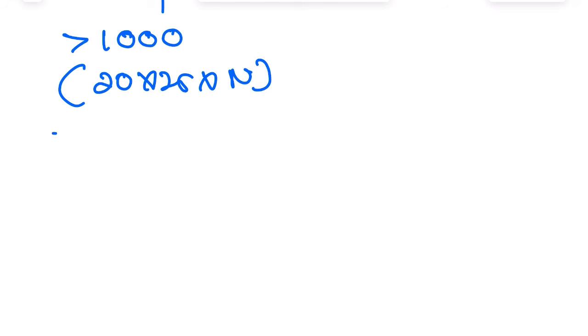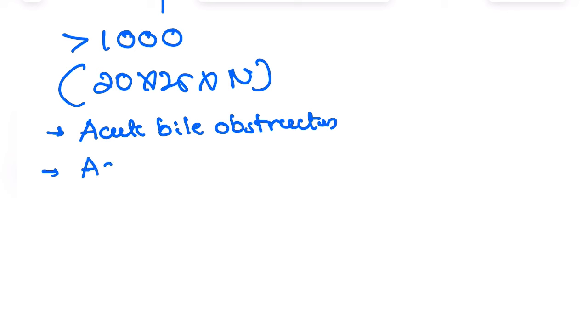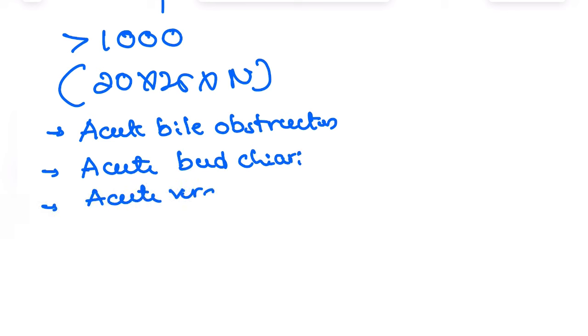Those include acute bile obstruction, acute Budd-Chiari syndrome, and acute viral hepatitis. Remember, it is acute viral hepatitis.